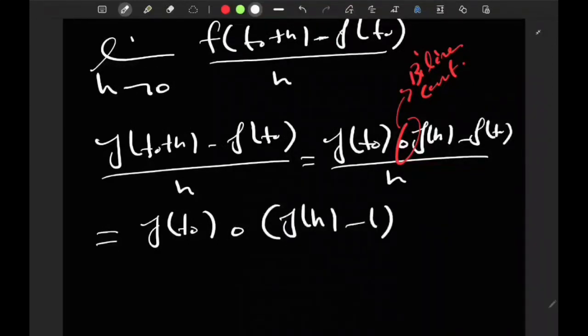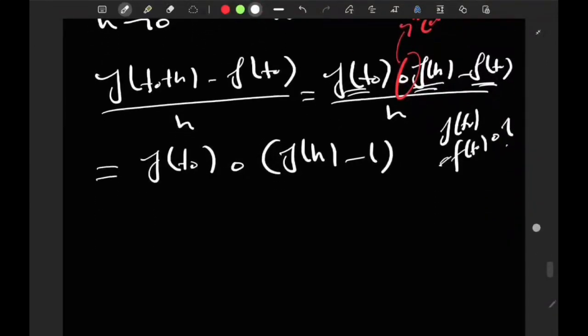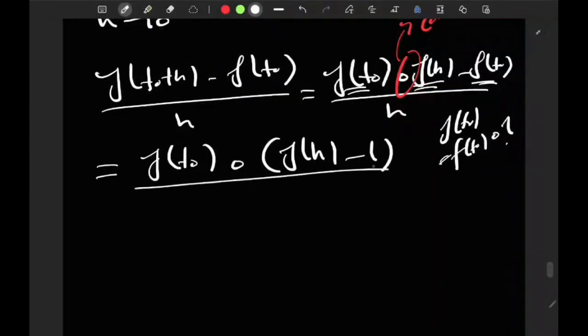Bilinearity implies linearity in the second argument. And f of t0 itself is just f of t0 composed with the identity map, so I literally have f of t0 round f of h minus f of t0 round 1. This is why it makes sense to take f of t0 as a common factor, so to speak.